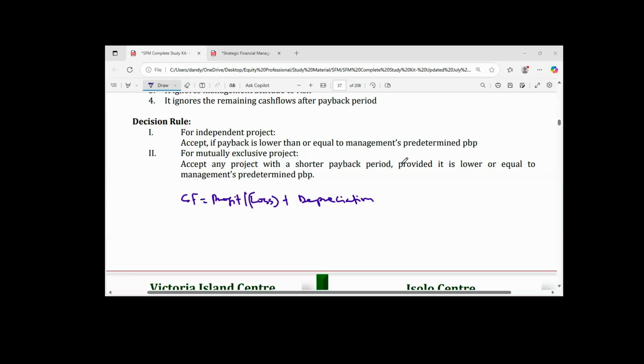It is only the accounting rate of return that makes use of the accounting profit or loss. Every other technique will need a cash flow. To do this, cash flow is equal to profit or loss plus annual depreciation. That's all. This is the formula we are going to use to convert it.